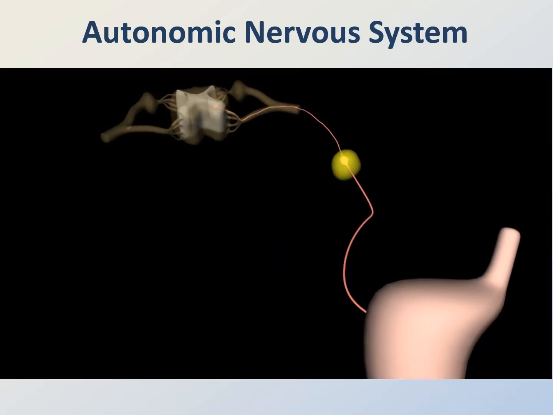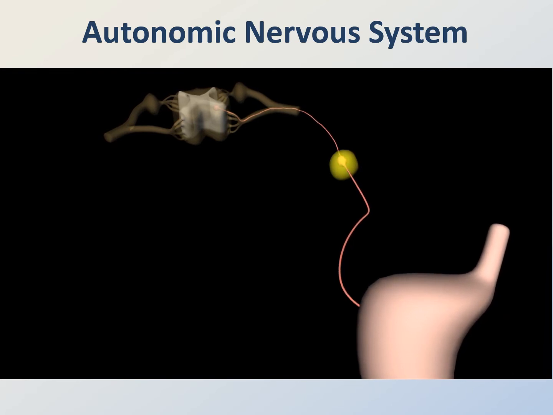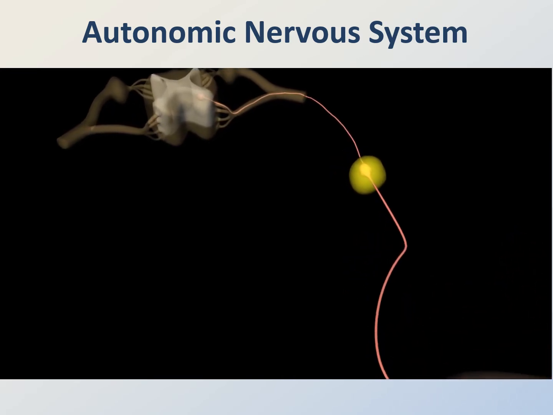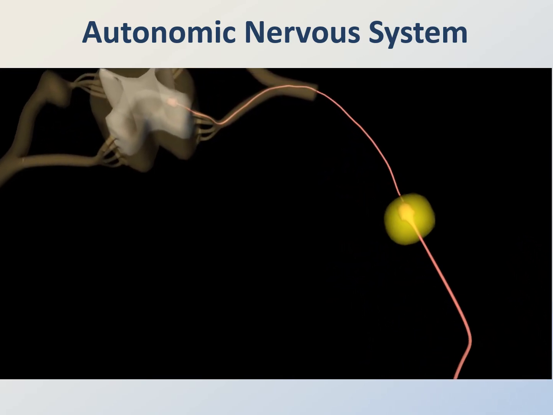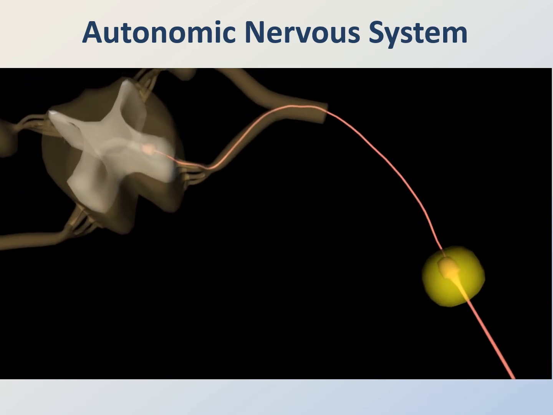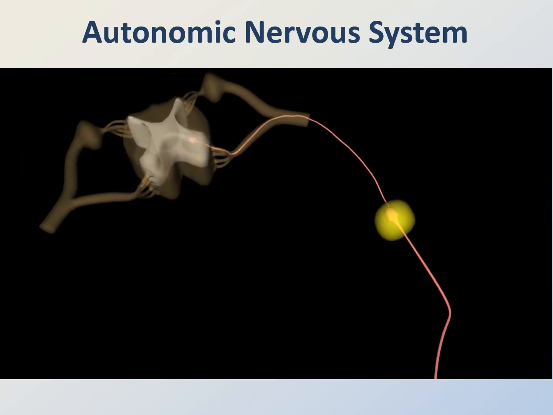The autonomic nervous system sends information in the form of an action potential between the central nervous system and smooth muscle, cardiac muscles, and several secretory glands. Two neurons complete the connection between the central nervous system and the effector organ. The first neuron has the body located within the central nervous system and is called the preganglionic neuron.